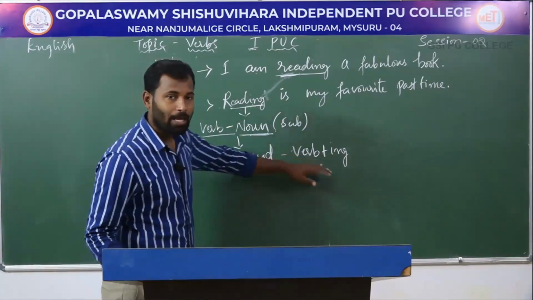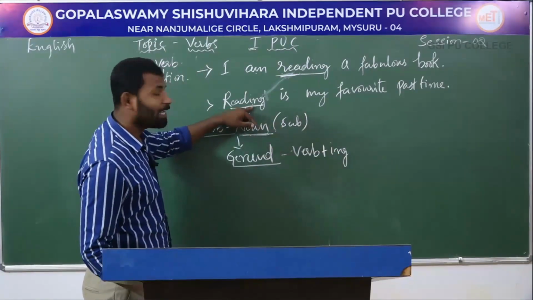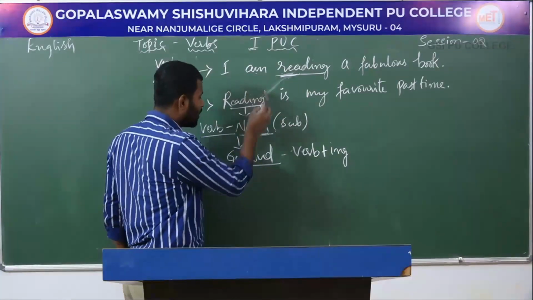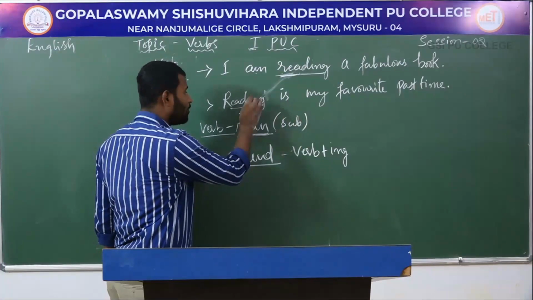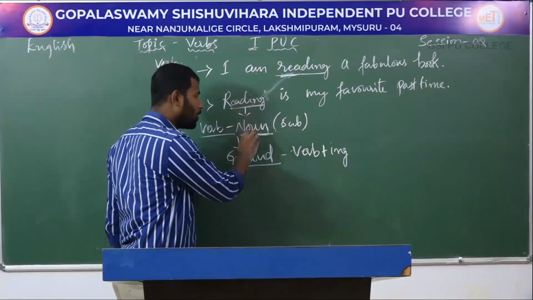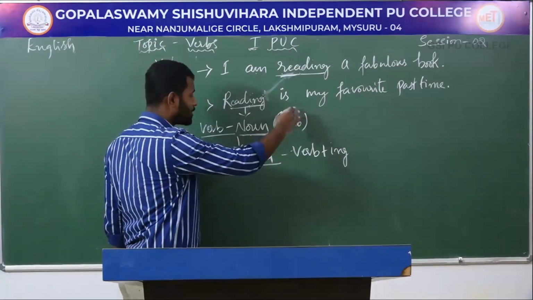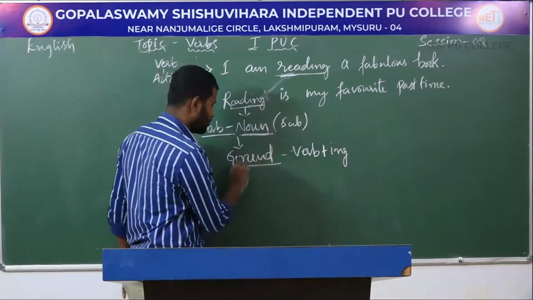A gerund is the ing form of the verb, like reading in the second sentence, that plays its role as a noun. If the ing form of the verb is used as a noun or a subject in a sentence, that is called a verb noun or gerund.